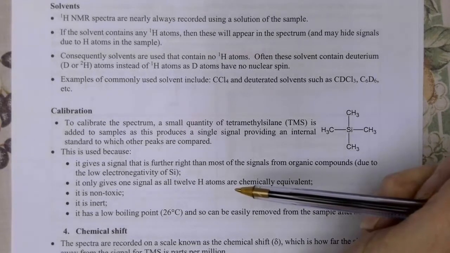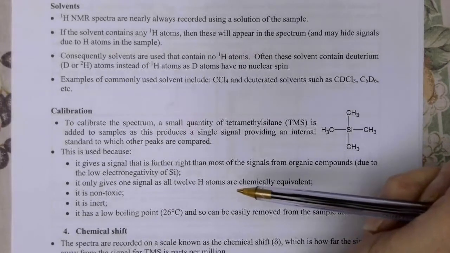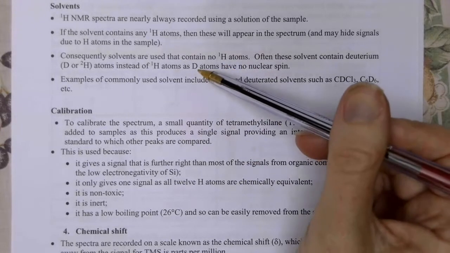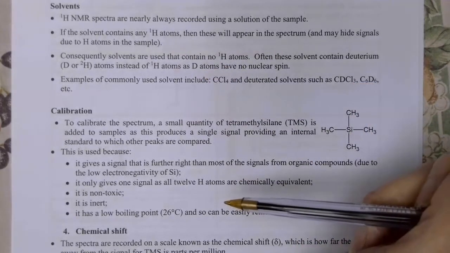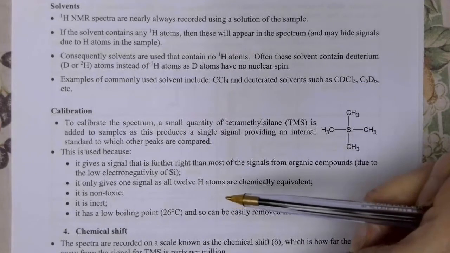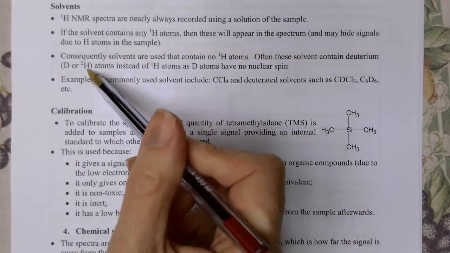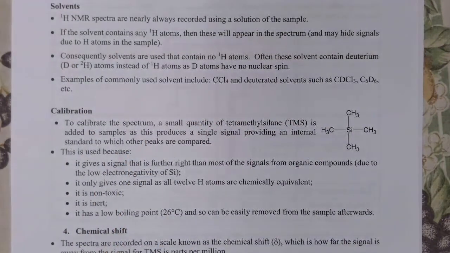Consequently we use solvents that either contain no hydrogen atoms at all, like CCl4, or contain deuterium atoms, the isotope of hydrogen, heavy hydrogen, which don't have any nuclear spin, because these would be H-2 atoms, and you have to have an odd number of nucleons to appear in an NMR, and H-2 obviously has an even number of nucleons.